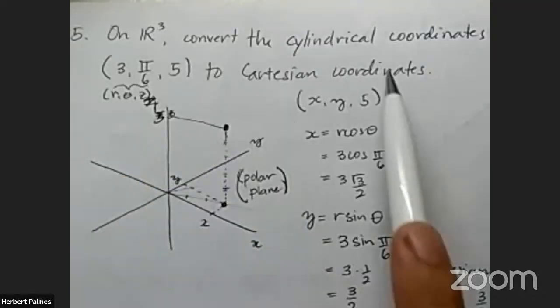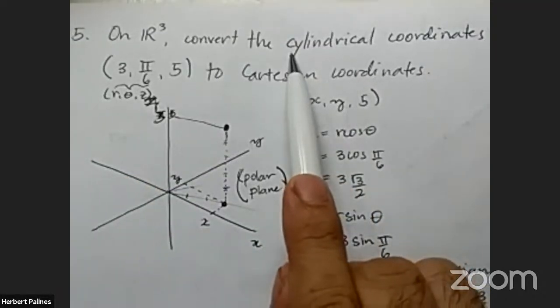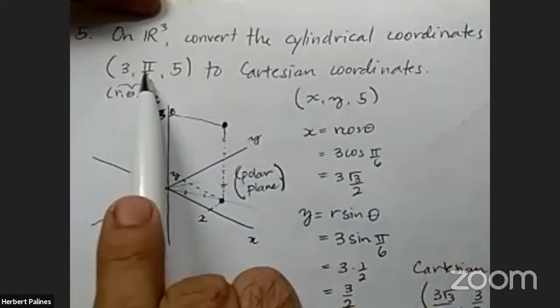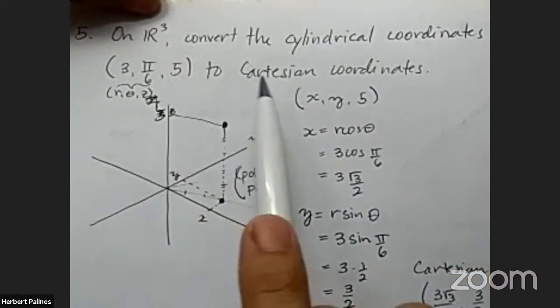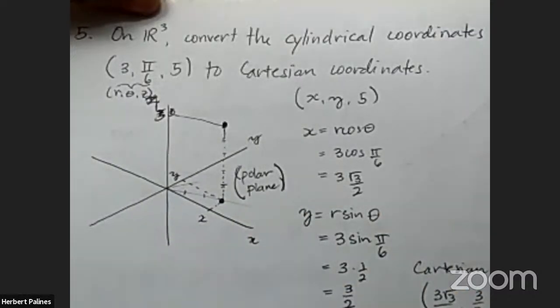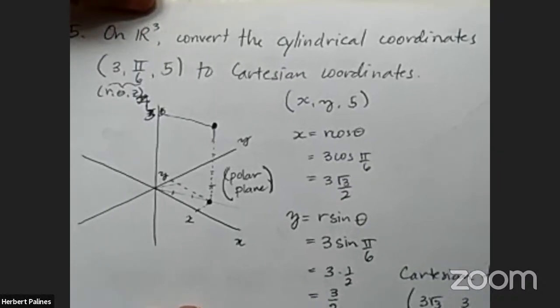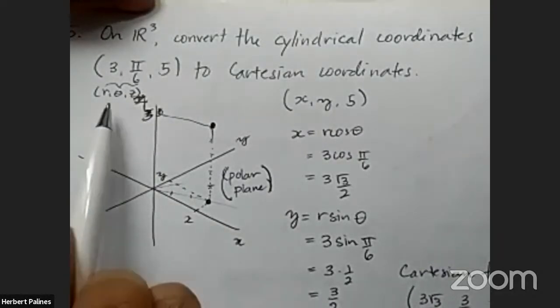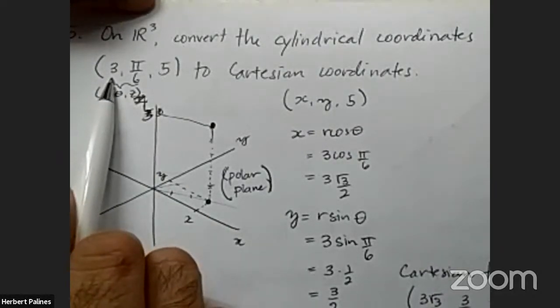As you see in number 5, we are given a point in cylindrical coordinates, and we will convert these to Cartesian coordinates. Take note, cylindrical coordinates, practically speaking, are just a combination of polar coordinates and a z coordinate.